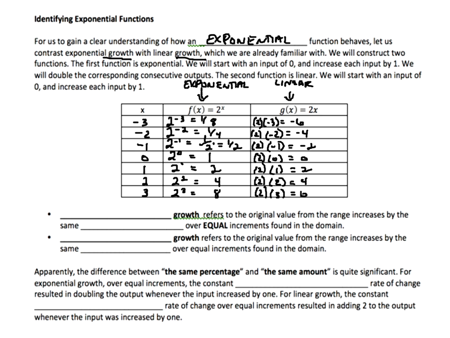Okay, so earlier I said that multiplication is just repeated addition. So you can see we've added 2 each time we change our input value by 1. And I also said that an exponent represents repeated multiplication.